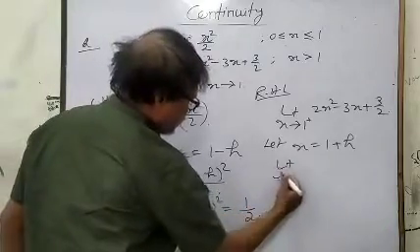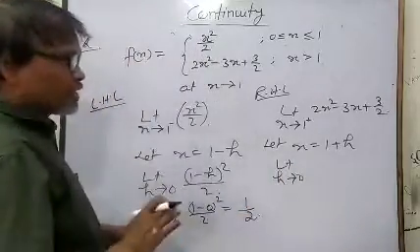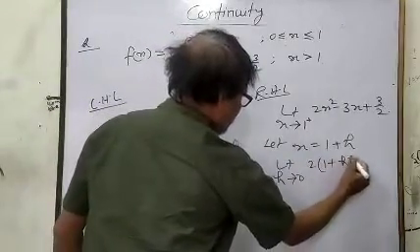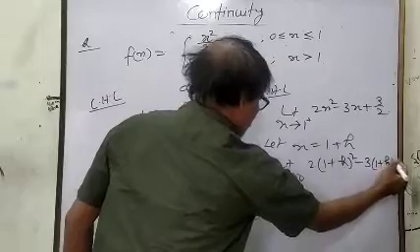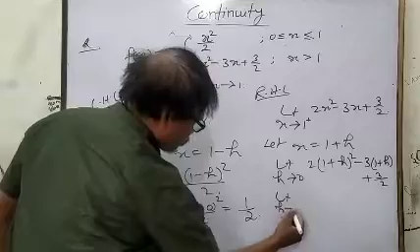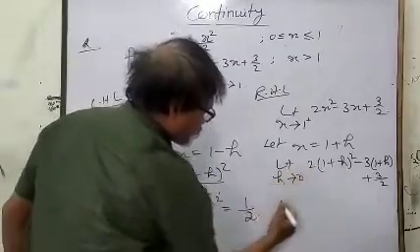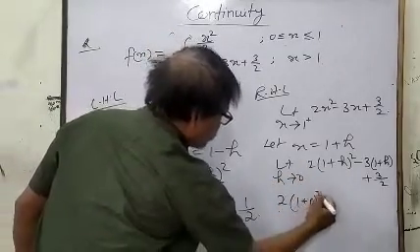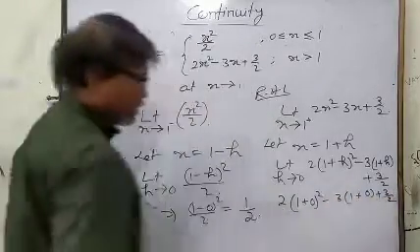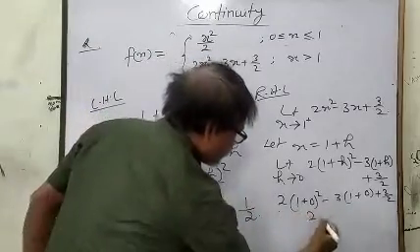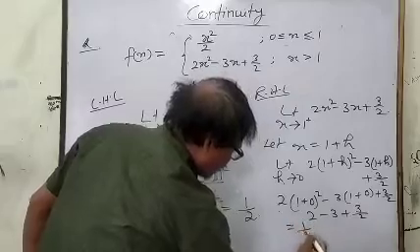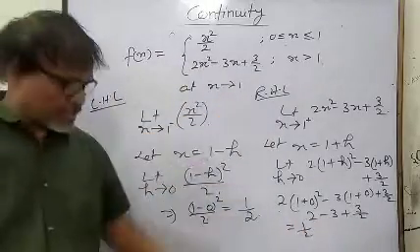So limit h tending to 0, every x you change into 1 plus h. So 2(1 plus h) whole square, minus 3(1 plus h), plus 3 by 2. Then put the value of h, that is equal to 0. So 2(1 plus 0) whole square minus 3(1 plus 0) plus 3 by 2. Then 2 minus 3 plus 3 by 2, this is equal to 1 by 2. This gives the right hand limit.